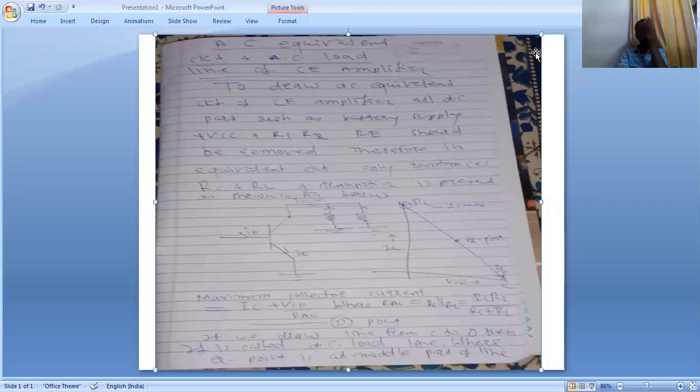Then how can the AC load line be obtained? Point C is where collector current is 0. It is shown by a star on the x-axis. Here VCE is maximum.